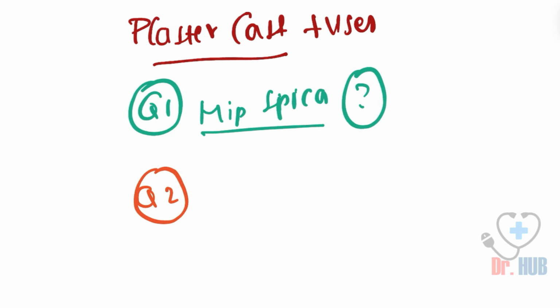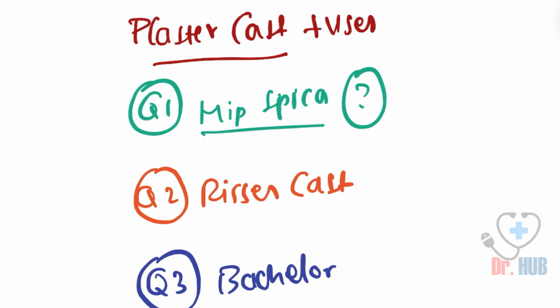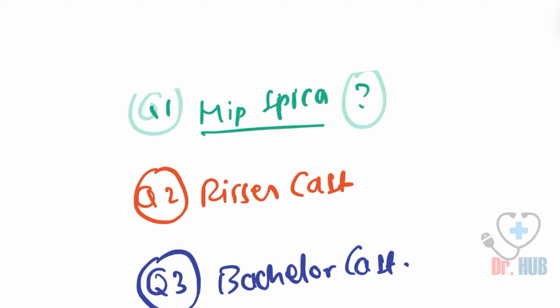Second, what is the riser cast? Third, what is the bachelor cast? In this video, we'll cover all these answers, and in the end, there is also a bonus section.